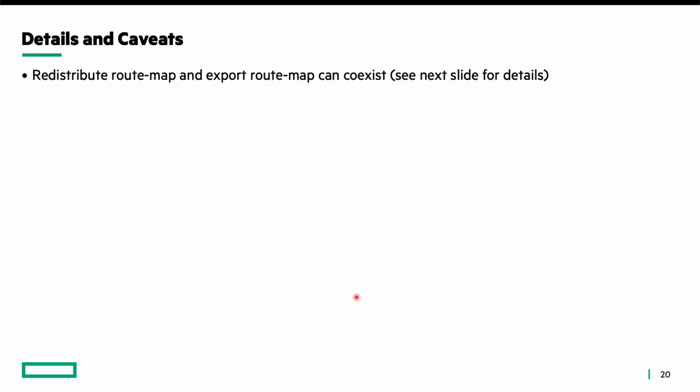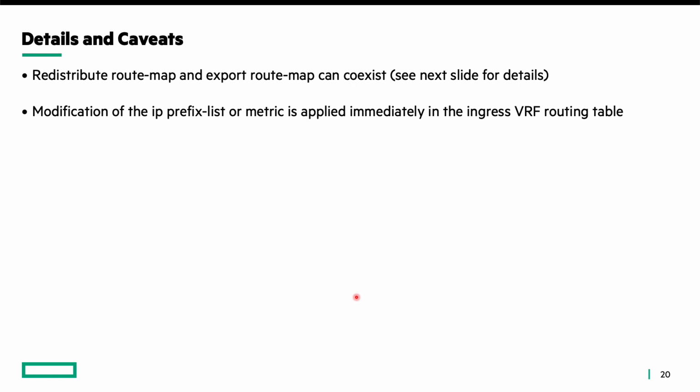Regarding the VRF export route map and the redistribute route map at the BGP process level, they can coexist. It's a bit more complex, so I will explain in a further slide how it really works.